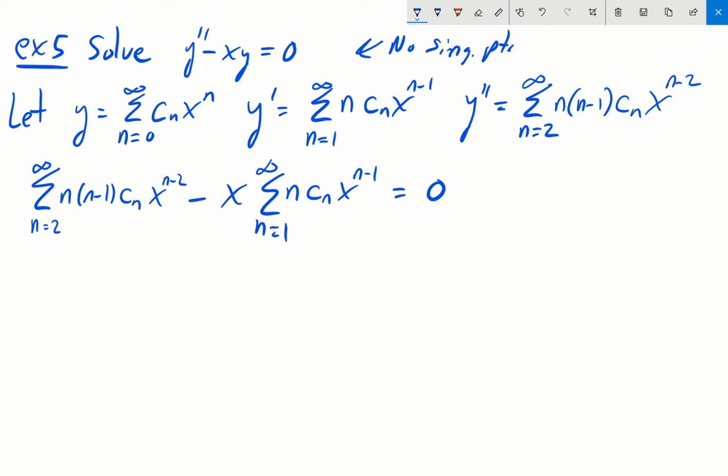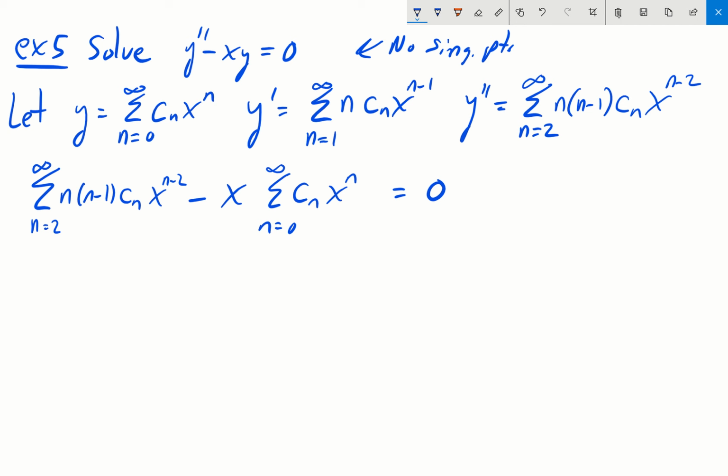And this whole thing is supposed to be equal to 0. So we have everything plugged in. Excuse me, I plugged the wrong one in. This is not y prime, this is y. My apologies. This is the sum that should be multiplying x. So the sum from n equals 0 to infinity of Cn x to the n.